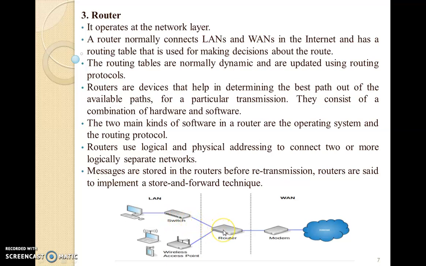After finding the routes, it will finalize the best route, which is the shortest path. By means of the shortest path, this router will send the data from this system to the distant system. So this is the location of a router within your network. It connects two different networks, a LAN to a WAN or a MAN to a WAN.